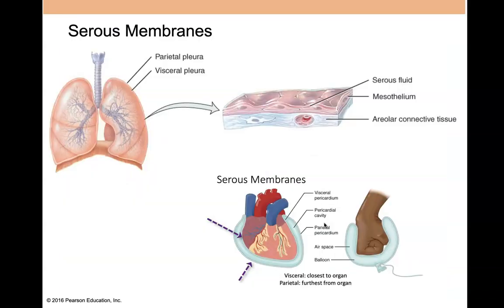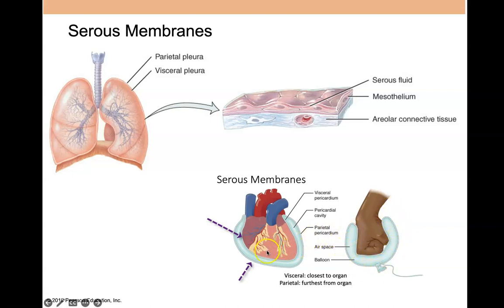Just as a reminder, those serous membranes are going to have a visceral layer and a parietal layer. The visceral layer is going to be right up against the viscera, the organs, and the parietal layer is going to be farthest from the organ. You can picture the pericardium like this: the heart would be your fist if you pushed it into a balloon, and the pericardium is the balloon with that inner visceral layer and the outer parietal layer.